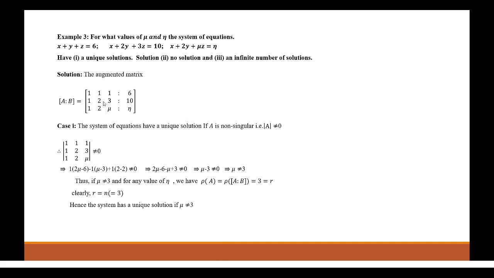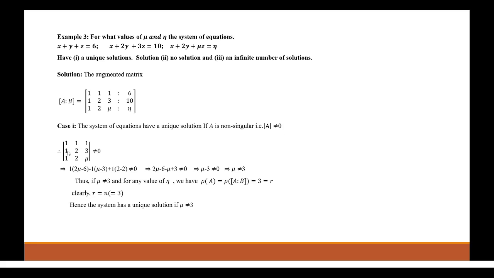Write down the given non-homogeneous system of linear equations in the augmented matrix. Here, in the last row, we get mu and eta. The system of equations has a unique solution if A is non-singular, that is, the determinant of A is not equal to 0.